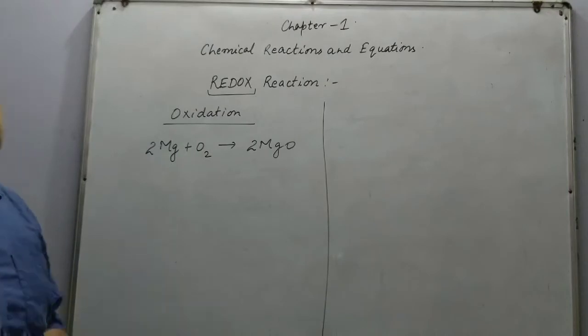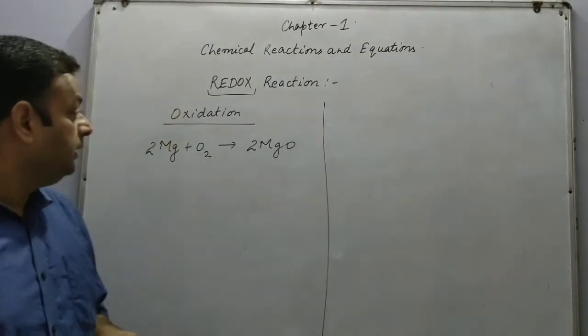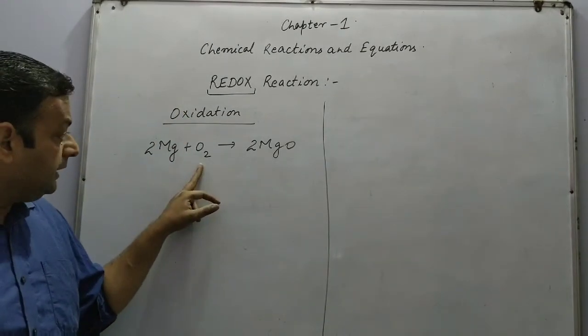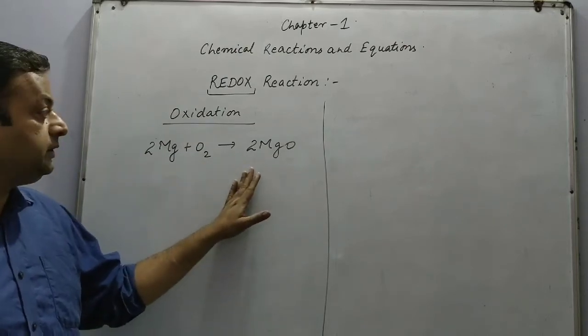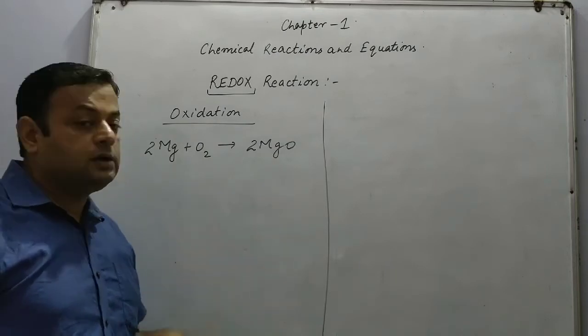The very first example is burning of magnesium ribbon, in which we can see there is an addition of oxygen in magnesium to form the final product magnesium oxide. This is an oxidation reaction.